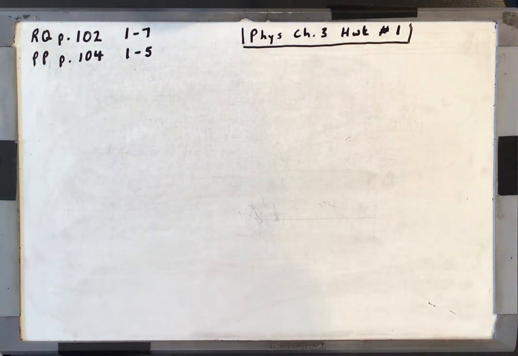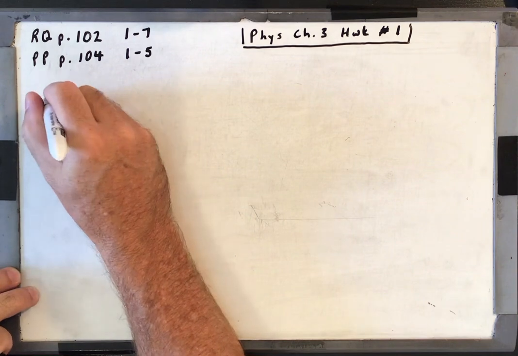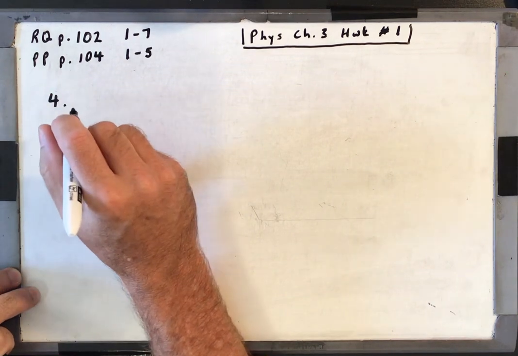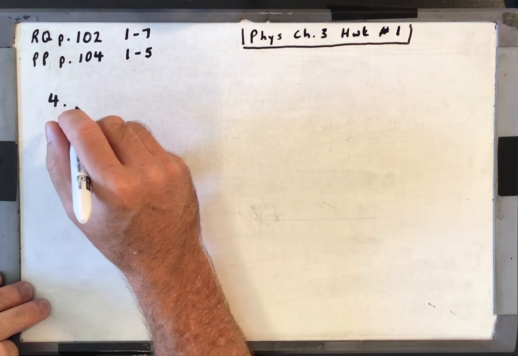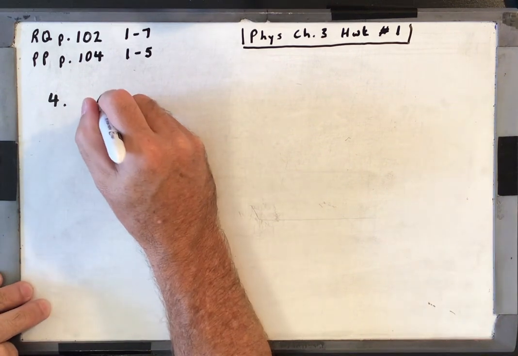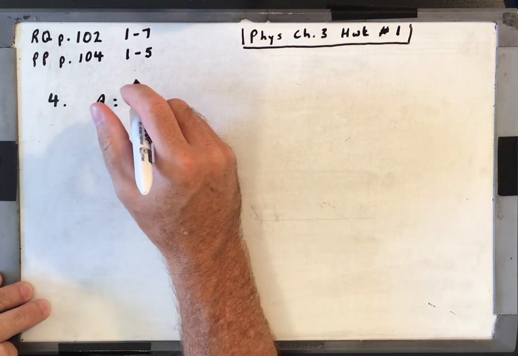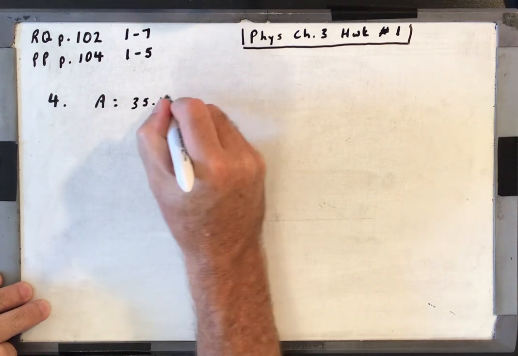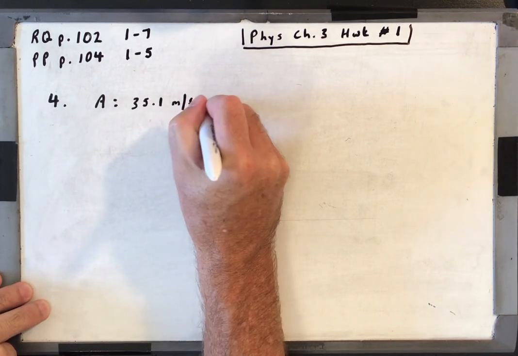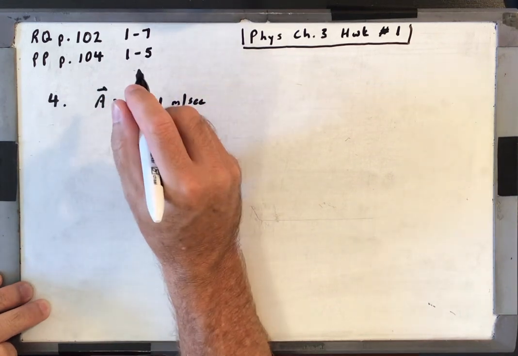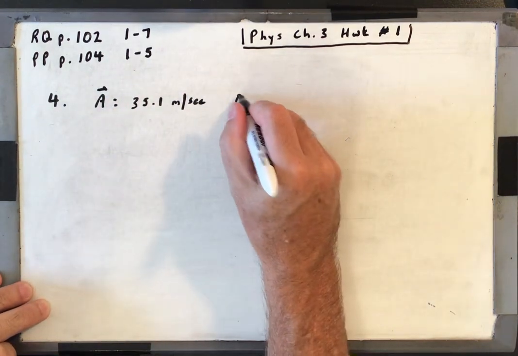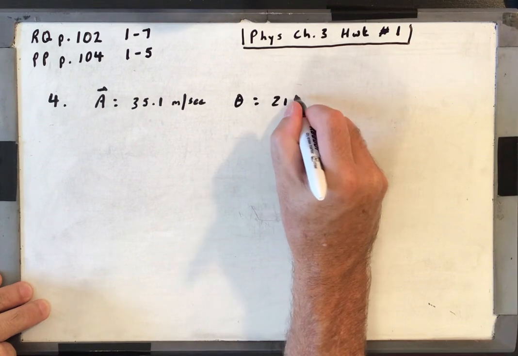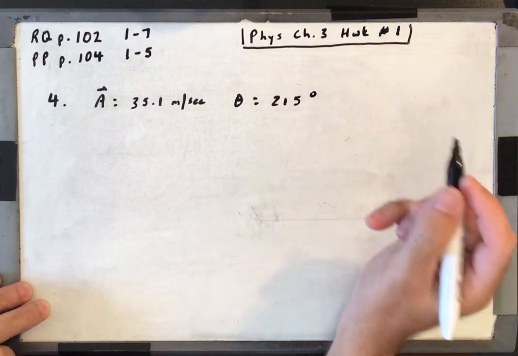Okay, number 4 says vector A has a magnitude of 35.1 meters per second and direction of 215 degrees. What are its x and y components?